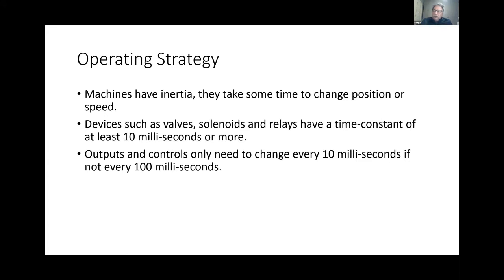I really only need some software or a control loop that doesn't need to change more than every 10 milliseconds, and quite a lot of times not even every 100 milliseconds. That'll be fast enough to change the output state of a valve or a relay. So keeping that in mind, that can simplify the fundamentals of the software.